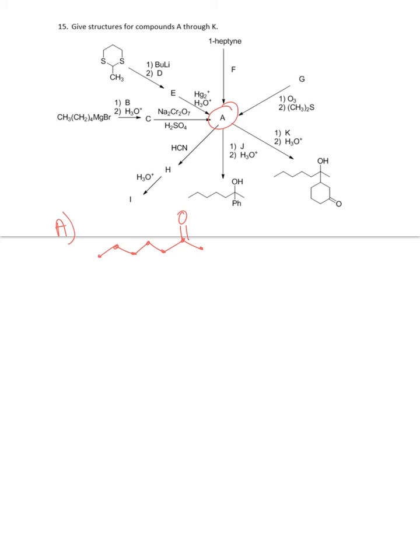How would you know that? Okay. Well, let's start with this one here. This 1,3-dithiane. Okay, so with n-butyl lithium, you're going to generate this.